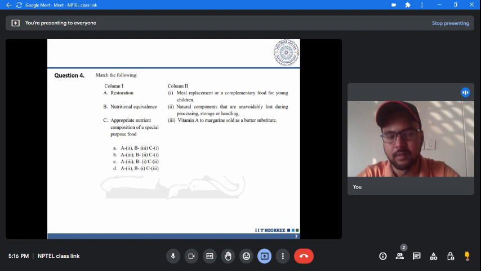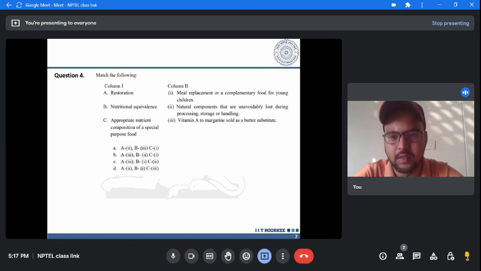The explanations are: meal replacement or a complementary food for young children; natural components that are unavoidably lost during processing, storage, and handling; and vitamin A added to margarine sold as a butter substitute.